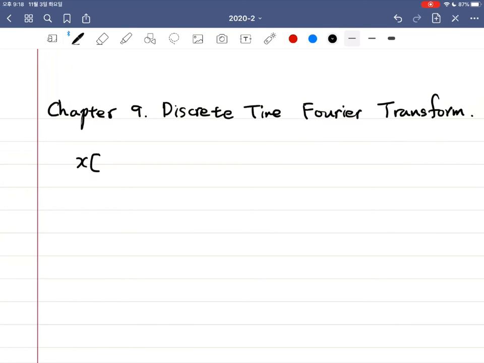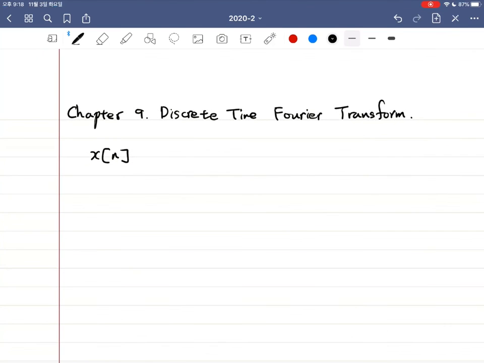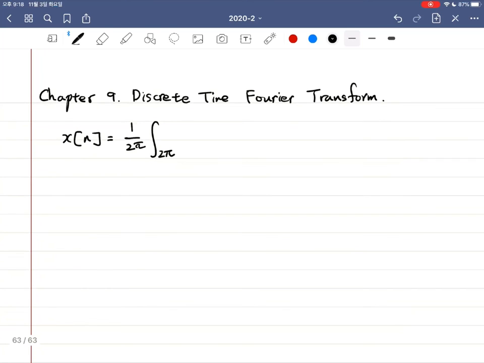The synthesis equation is about representing this discrete signal by complex exponentials, so 1 over 2 pi, and the integration over one period with this complex exponential.